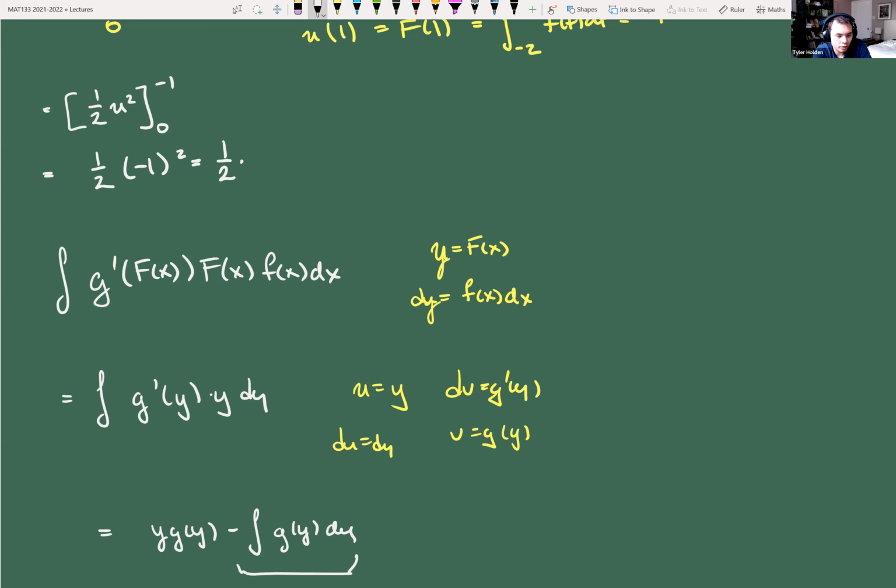Wouldn't the derivative of u be u prime? Like, in what sense? So the derivative of u with respect to u is 1, right? In the second last one, it's y now. What, like right here?